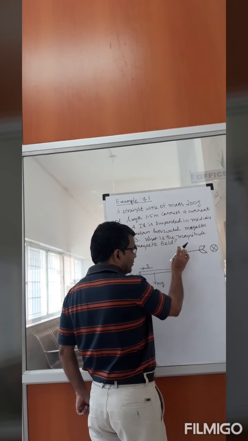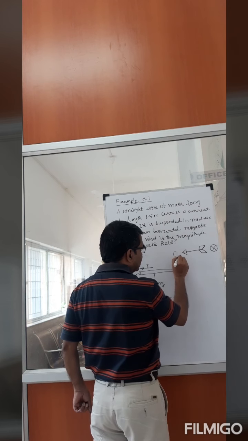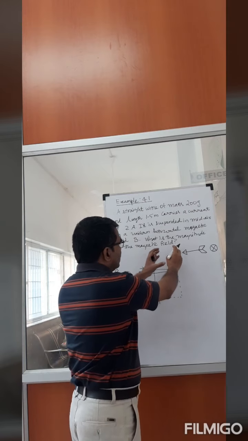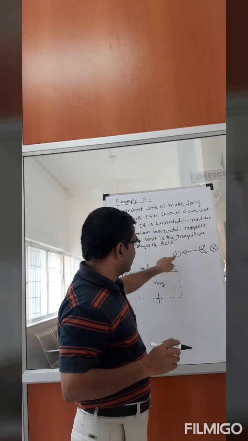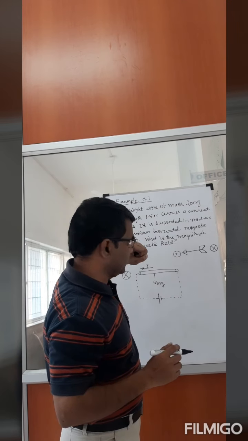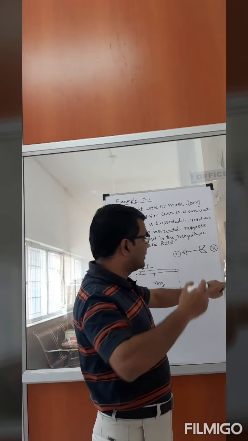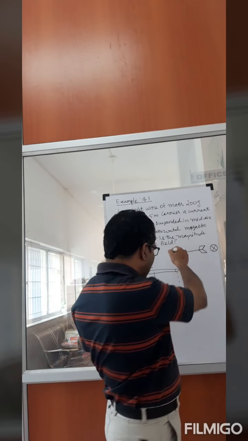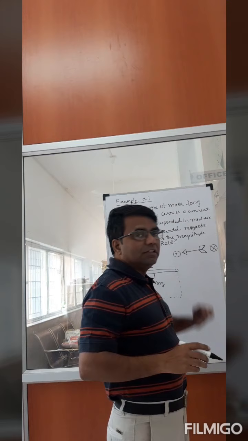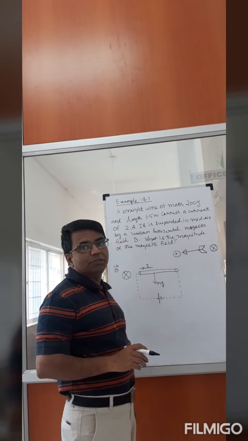But if you were to look at it from here, then it will look like this. So when I see this symbol, I know that it's coming towards me. This is the tip of the arrow. So the arrow is coming towards me. When I see this symbol, I know that the arrow is leaving me. It's going into the board. This is coming out of the board, and that is going into the board. So those are the symbols we'll be using.